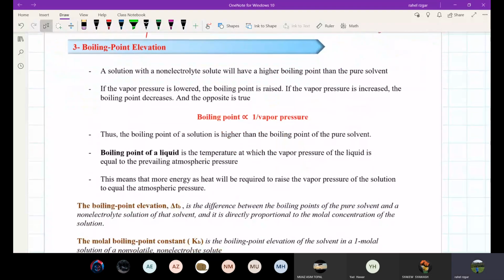Now the third property of colligative properties is boiling point elevation. Boiling point elevation. This time we will talk about how boiling point will increase. The elevation here is also the change.